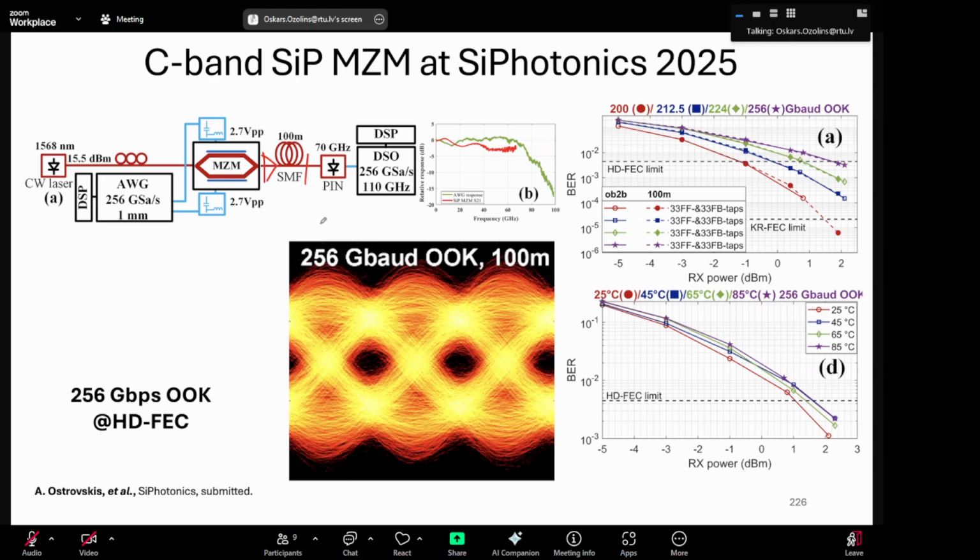And then we can reach 350 gigabits with silicon photonics modulators, which is rather high. So we're looking forward to this conference to see what the newest achievements are, not only from our group but from other groups.